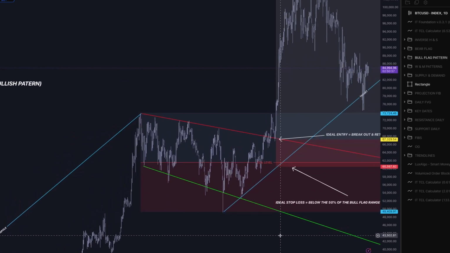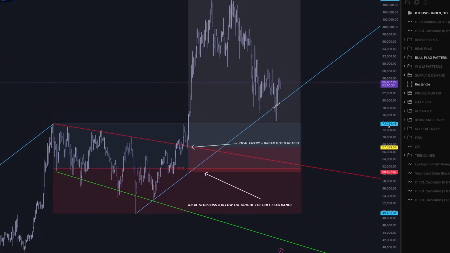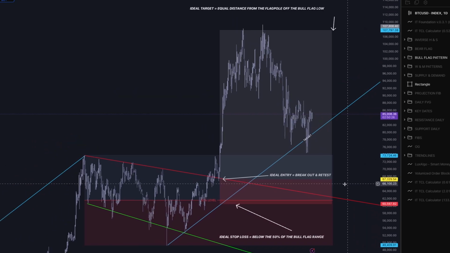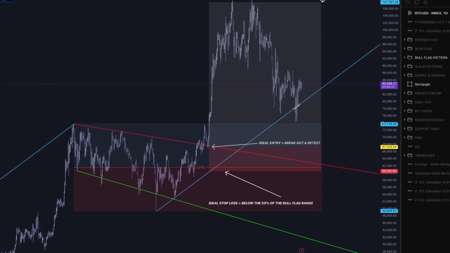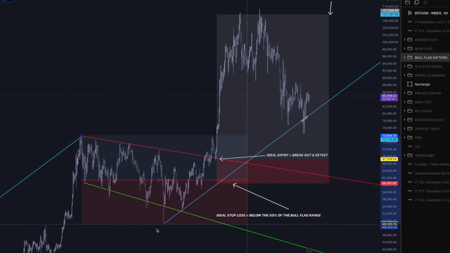Placing your stop loss is more independent to you, your trading strategy, your risk tolerance, depending on what size you're entering this trade with, and how much you personally are willing to sit in a drawdown. But a good rule of thumb is if you take the high and the low of the bull flag.